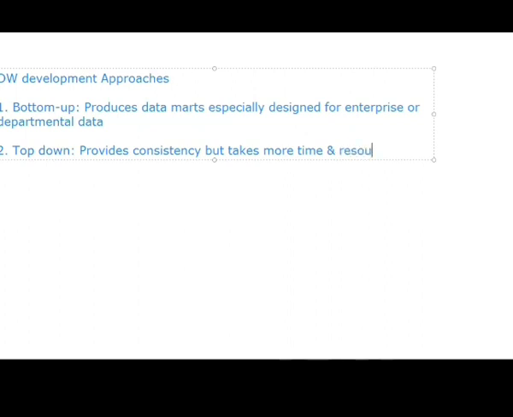Let us see the difference between the top down and bottom up approach, or comparing a data mart with a data warehouse.